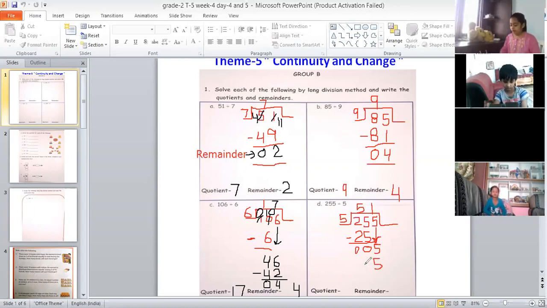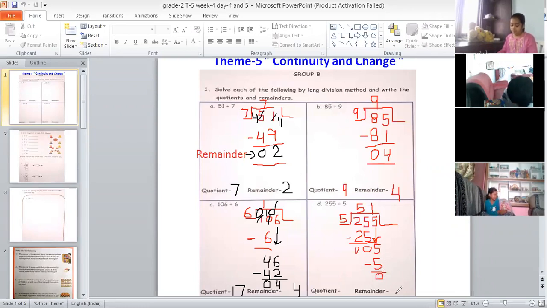And then we will put the minus sign. So 5 minus 5 is? Jay, 5 minus 5 is how much? 0. So we will write the answer 0 here. That's correct.